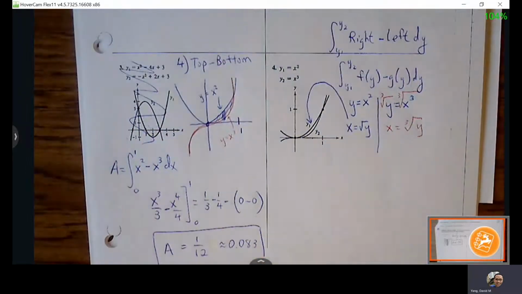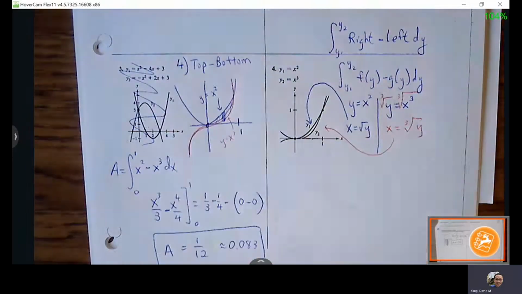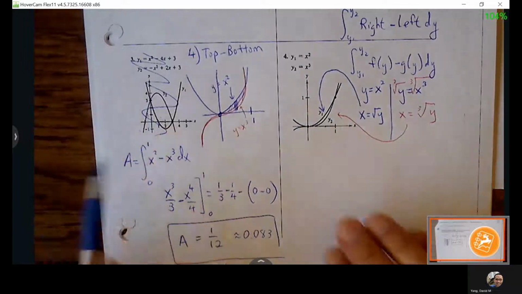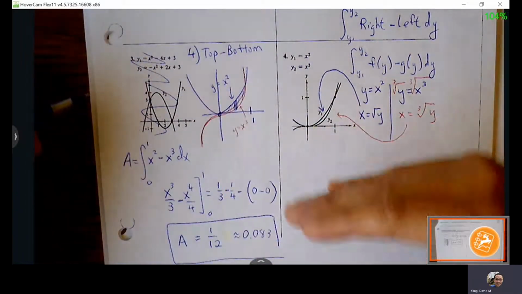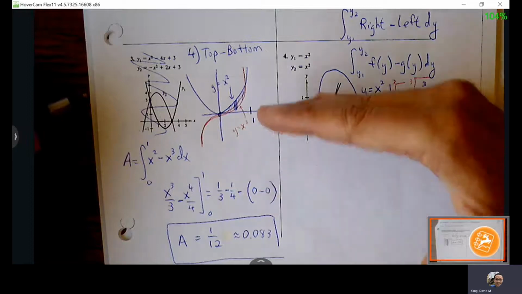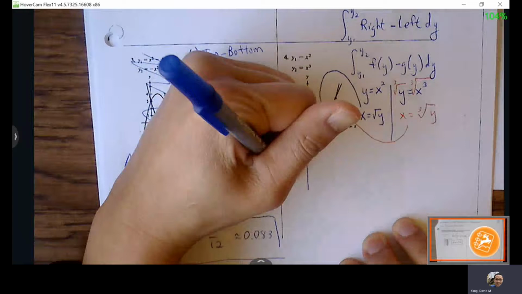So the reason that we can do this right minus left is because if you can draw a horizontal rectangle, the horizontal rectangle can be consistent all the way from below to the top, right? So right minus left.